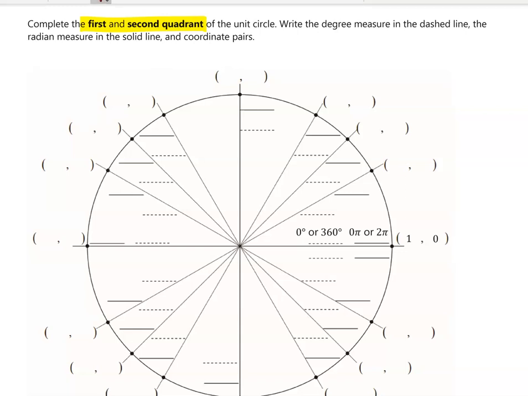So quadrant 1, we know that this is 30 degrees, which is the same thing as pi over 6. This is 45 degrees, which is pi over 4. This is 60 degrees, which is pi over 3. This is 90 degrees, which is pi over 2.